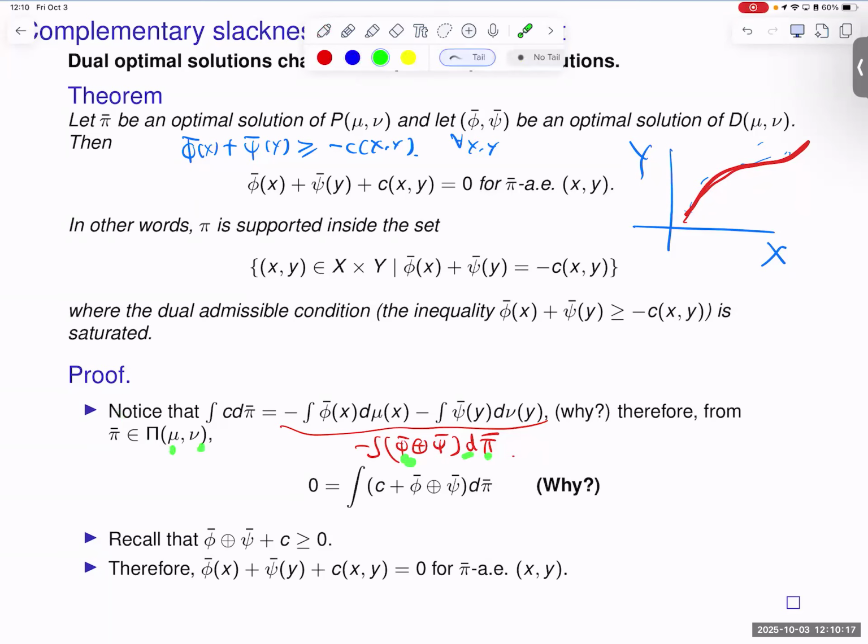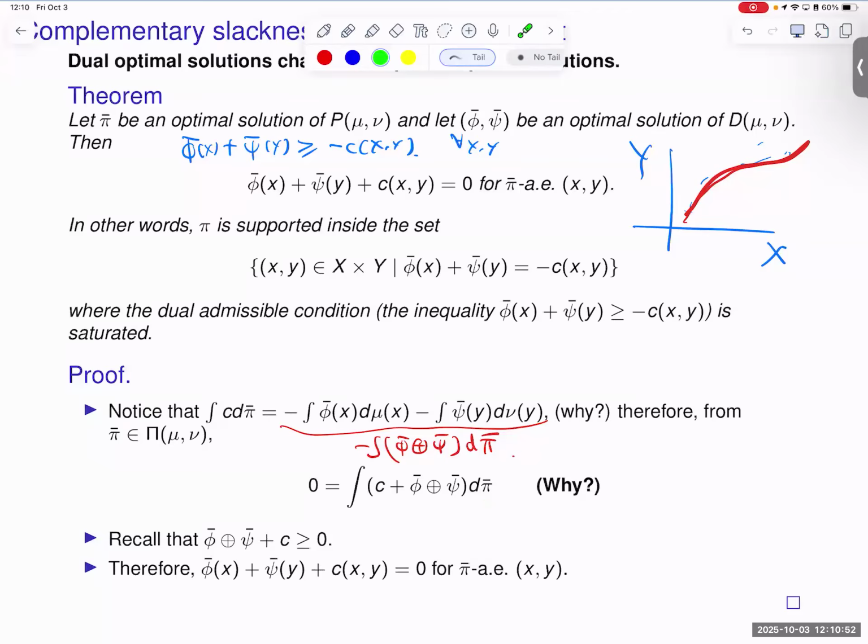So if you integrate this, while phi bar has only the x variable and psi bar has only the y variable, the integral of phi bar with respect to pi bar in x, y will be reduced to the integral of phi bar against pi bar marginalized in the x variable. The same for the y variable part. So that's why this is equal to this, and this expression can be written in this way. This is your exercise, but I already told you.